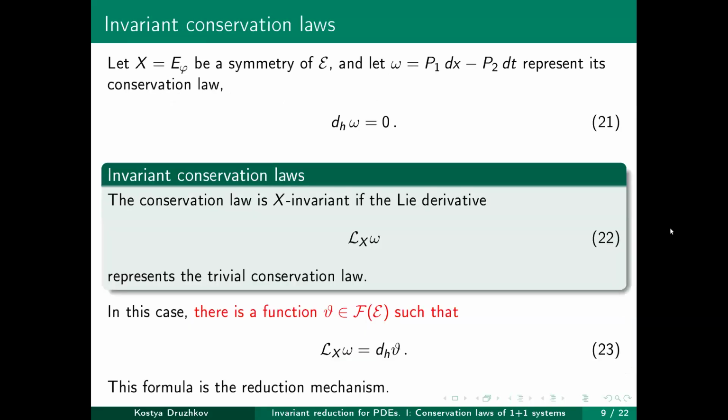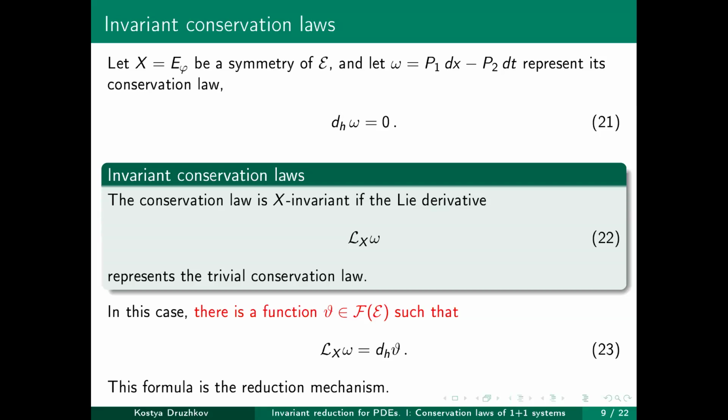This is how we define conservation laws, and let's discuss their reduction. The mechanism is extremely simple, I would say. Let me describe it in detail. Let X be a symmetry of epsilon, and let omega represent its conservation law. That is, we have formula 21, the horizontal differential of omega equals 0. So here everything happens on the system epsilon, right?